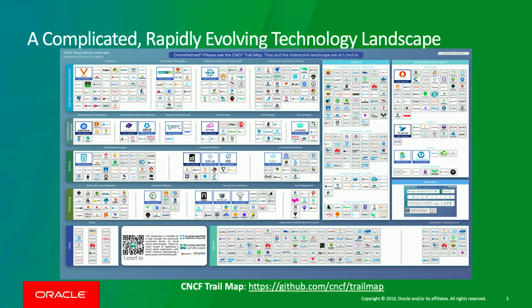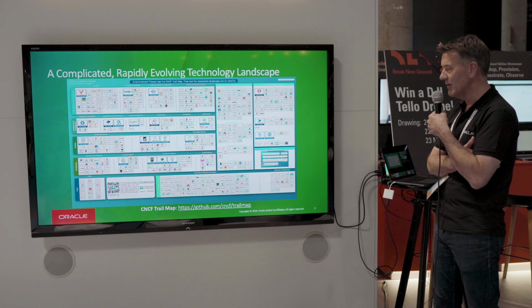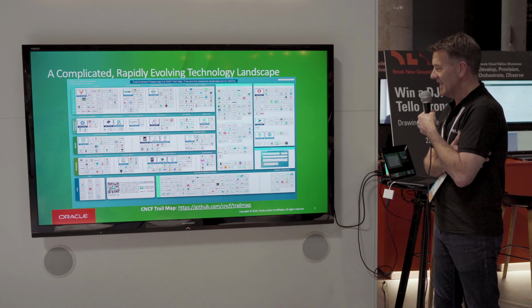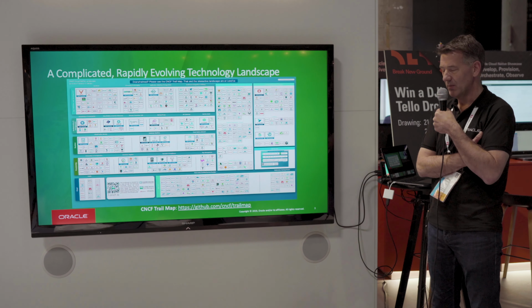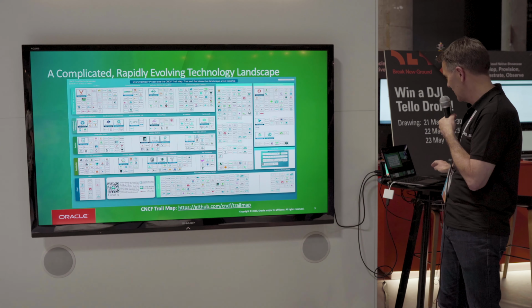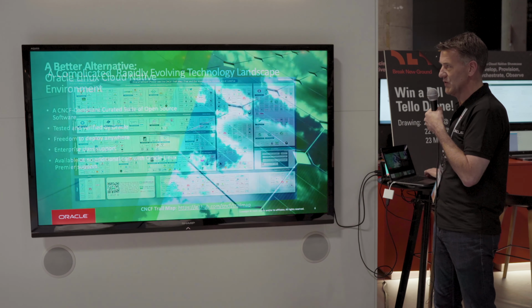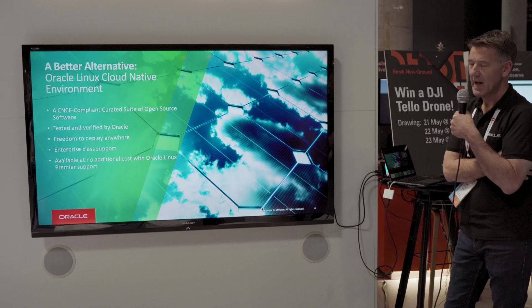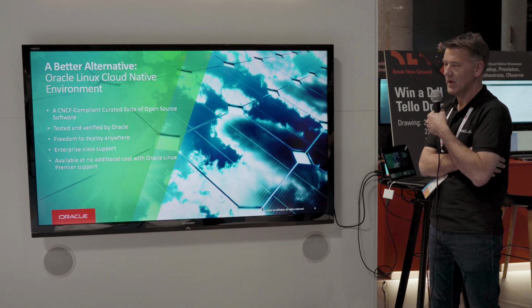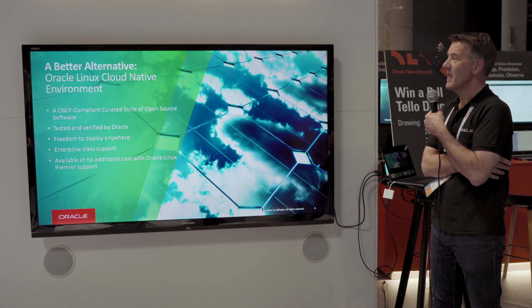And if you're overwhelmed, then have a look at the trail map. You see the URL. The trail map is a kind of recommended process to work with cloud native tools.